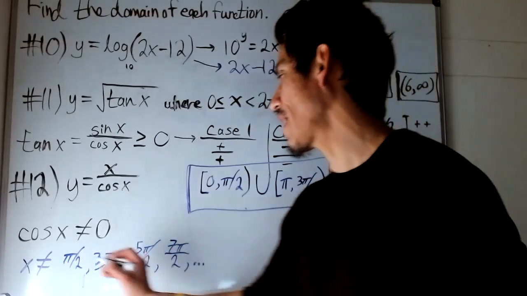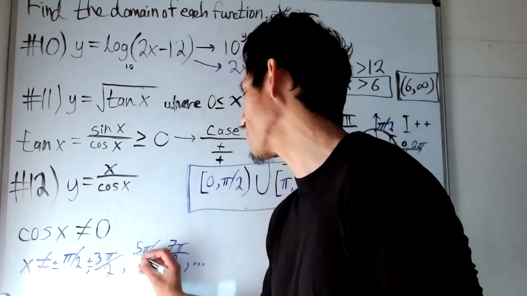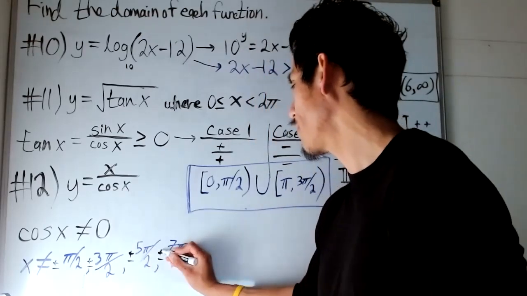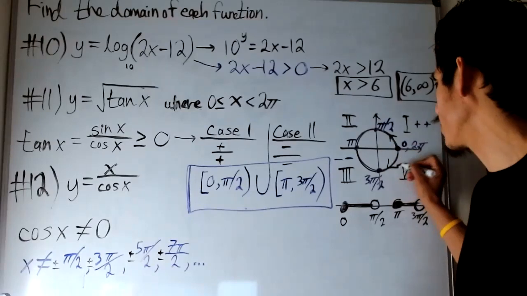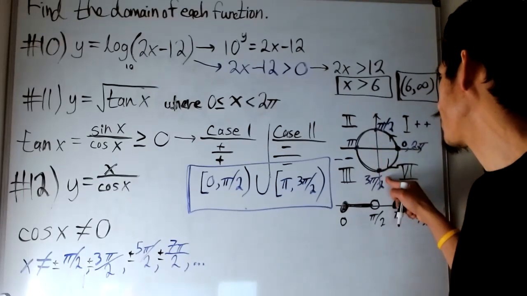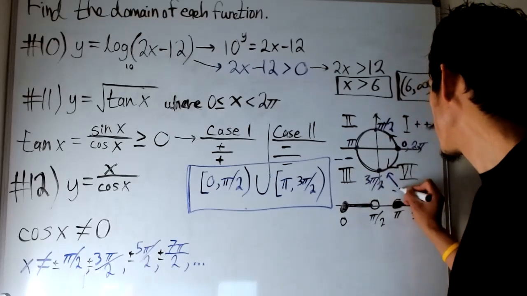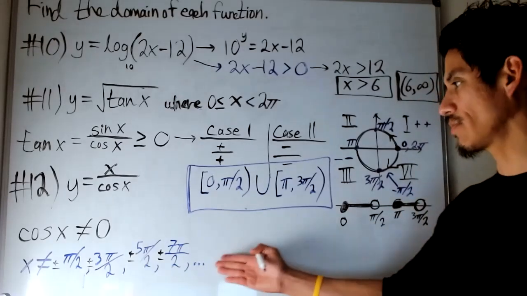So we would make sure that it can't be positive or negative pi over 2, 3 pi over 2, 5 pi over 2, 7 pi over 2, because being negative just means you rotate the other way. It means you're going in this direction. And this would then be negative pi over 2. So be careful of that little technicality because this would be the formal answer, I guess.